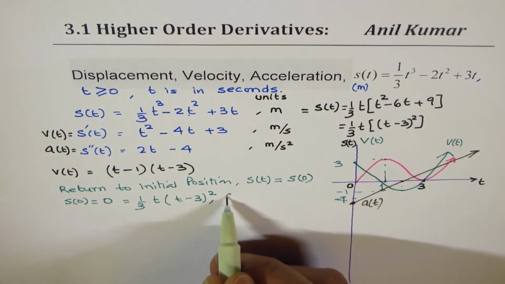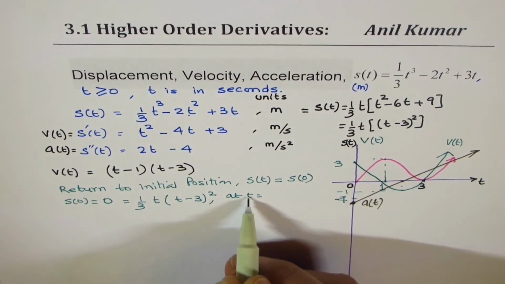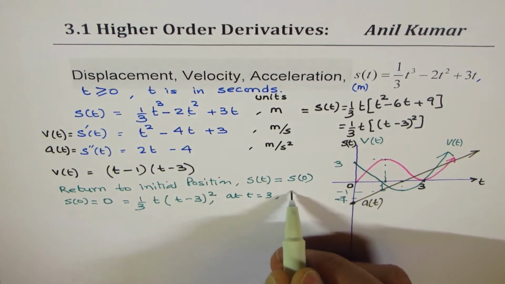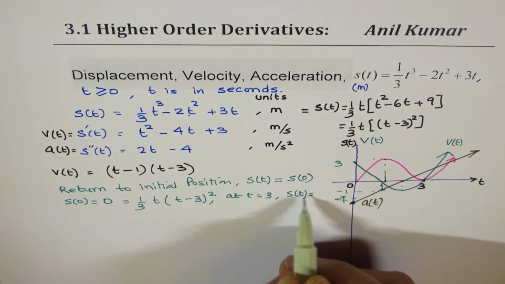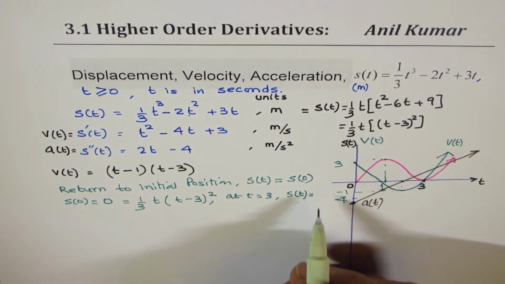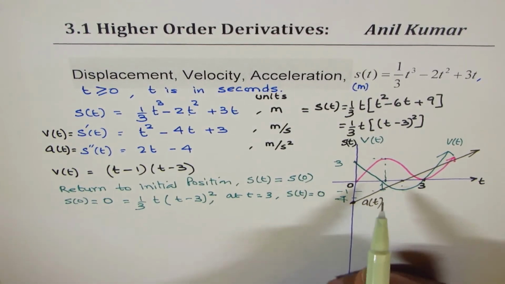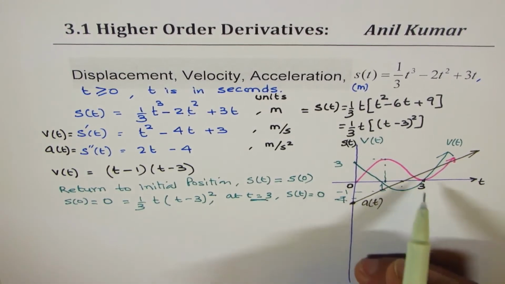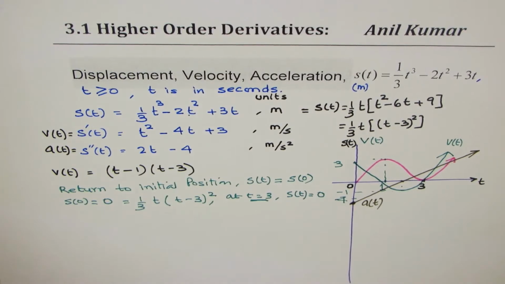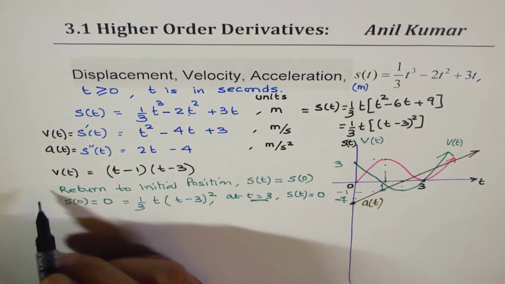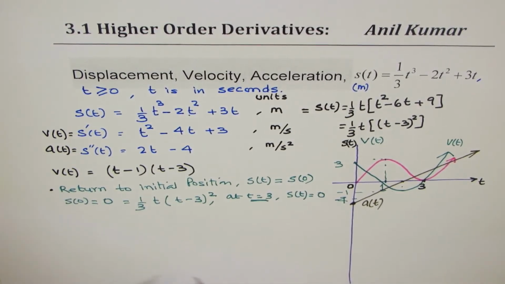So we see that at t equals 3, again the displacement is 0. So at t equals 3, the object returns to its initial position. You get an idea, right? So this is one technical term which we will be looking into.